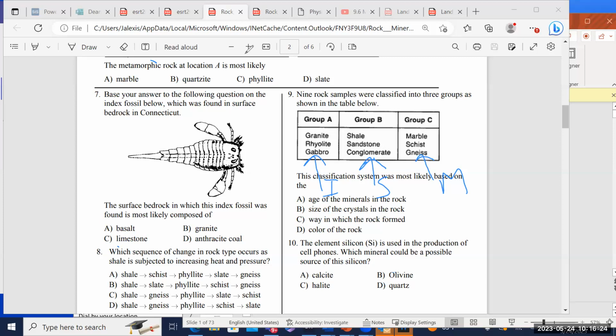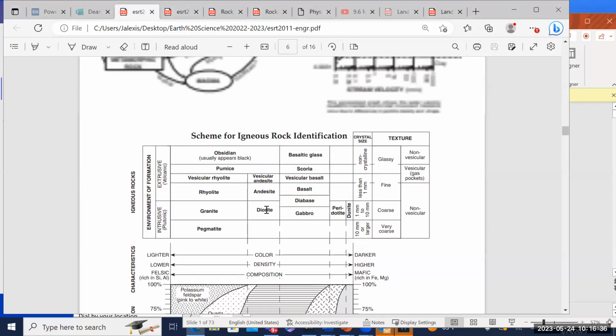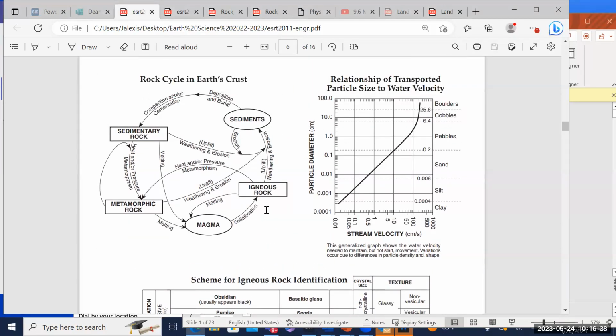What is the difference between the three? It's all about the way they are formed. If you look at page 6 of the reference tables and you go to the rock cycle chart, all these three types of rock go through different processes in how they're formed. Sedimentary rocks: compaction, cementation.